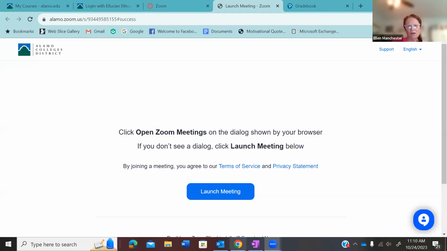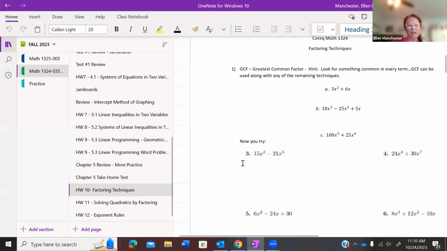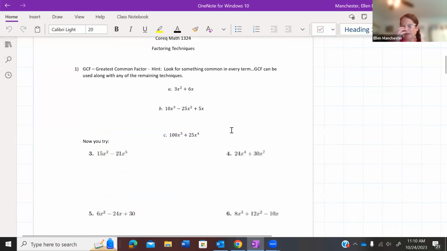Okay, so what we're doing today. This week we are looking at factoring, and factoring is one of those topics that a lot of students are either really, really good at and you just get it, or you really struggle with it.